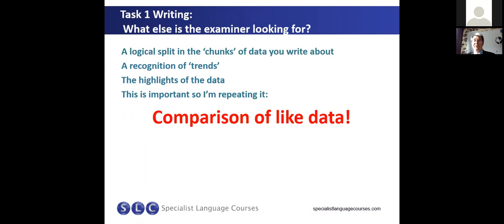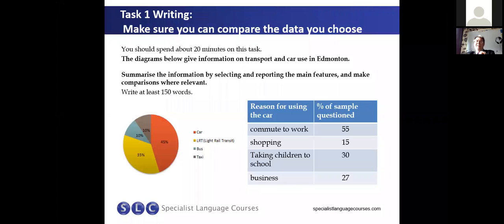You cannot do it. When you've got data sets like that, you'll have to compare within the pie chart or within the graph. Okay, so basically that's what we're looking at for task 1. Make sure you can compare the data.